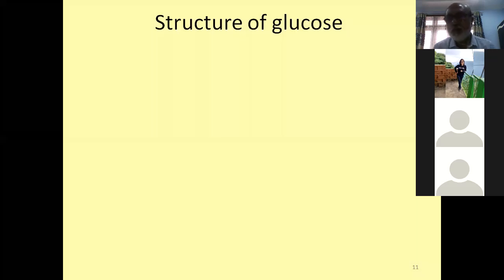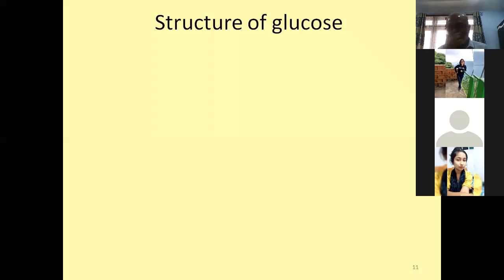The structure with which we have done all the reactions, is it the correct structure, or is something other than this there? Tell me. Something other, sir. Sir, I think the cyclized structure. Cyclic structure is there. But that means the structure that I have written is wrong? It's not wrong. Then what is right? We have to come to that right answer.